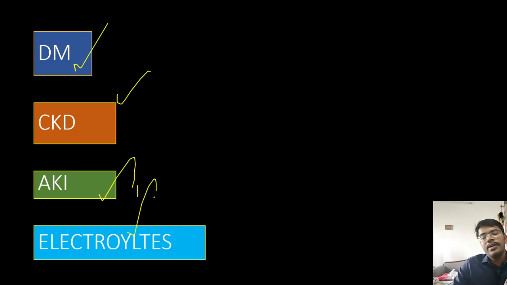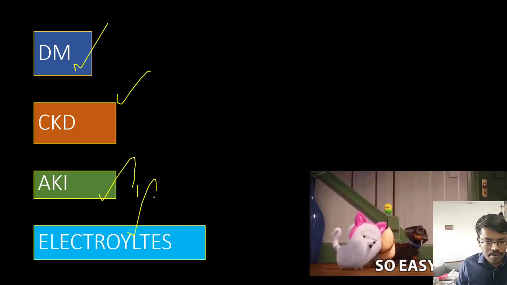Suppose your thesis topic involves dialysis, probably you might have to go to nephrology OPD to catch the bulk of patients, because the bulk of patients who are on dialysis won't come to medicine OPD. Mostly they will reach nephro OPD directly. So that is why if you take topics related to diabetes, CKD not on dialysis, acute kidney injury and electrolytes, it will be practically very easy to do during your residency.